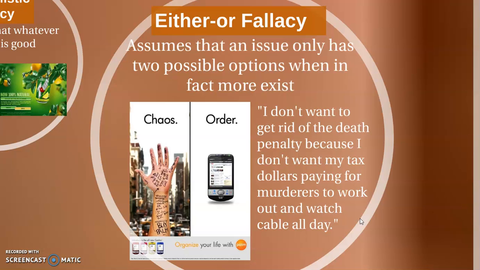You could reform the prison system. You could make it impossible for them to have HBO if that's what you want. You could change the way prisons are financed. You could ask them to fundraise instead of providing state funds. There are a lot of things that you could do, but she's setting up the either-or fallacy that you either have to A, let them have gyms and HBO, or B, kill them, when obviously there are more options than that.